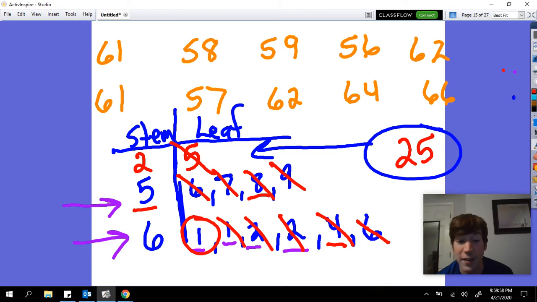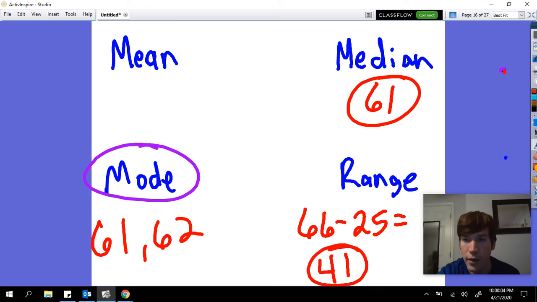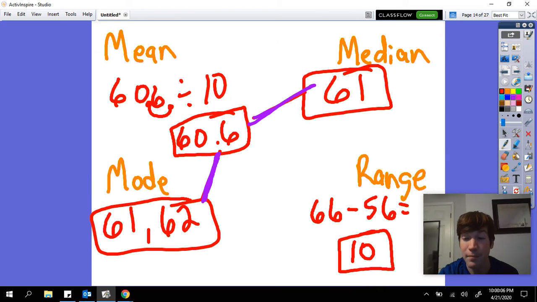That is the ones place, so that number represents 61. So my median is going to be 61. If we go back and look at our median last time, it was 61. So the outlier didn't have any effect on our median at all, and a lot of times that's going to be true when we have outliers. The median is not very much affected by outliers.